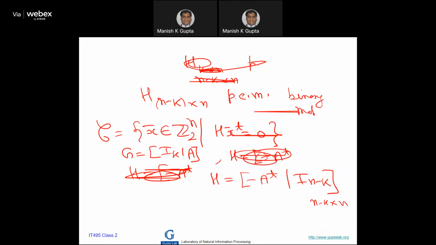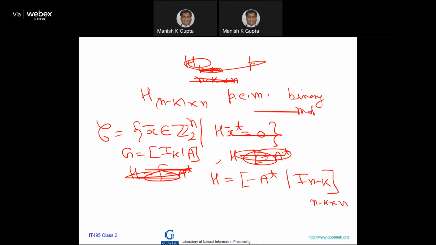So what is the rank of G? Anyone? Rank means how many linearly independent rows or columns. It's a k by n matrix, k rows, n columns. The rank is k, because there are k rows and all are linearly independent.